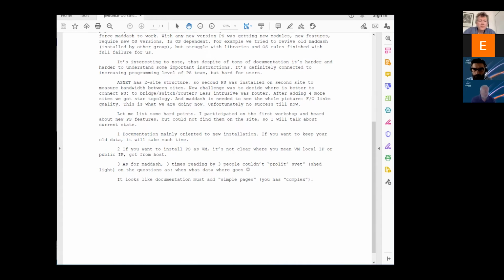Then it is interesting that perfSONAR gave a good link to tuning the TCP stack for all computers. This is a very interesting link, and I learned it by heart. But now they have changed their focus to 10 gig connections.